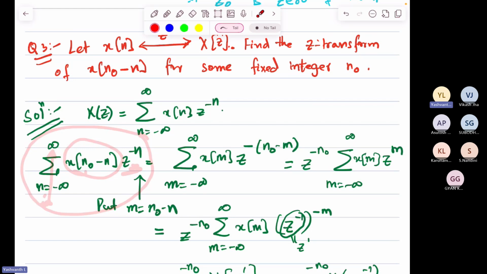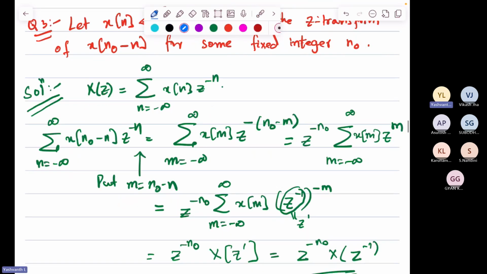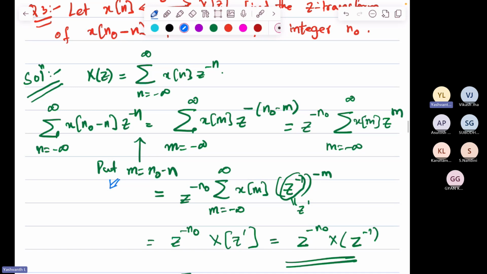Now I will substitute the variable m equal to n naught minus n.